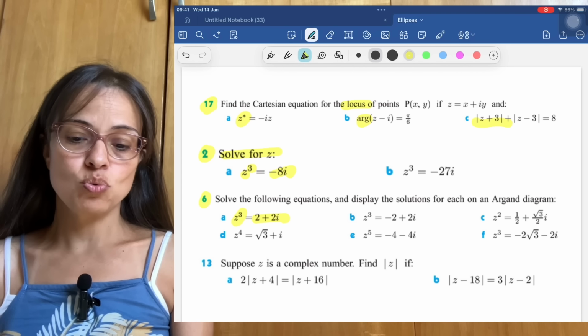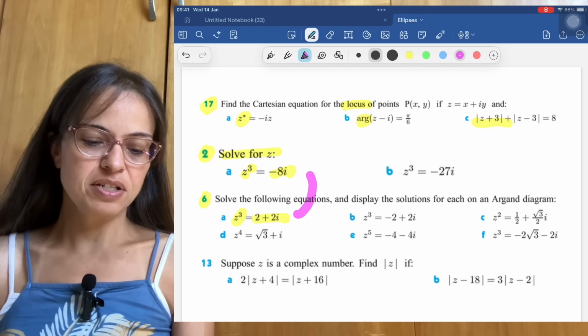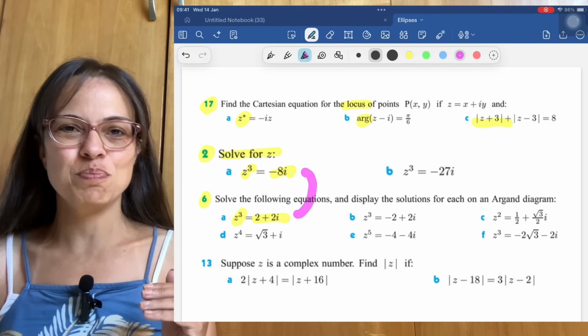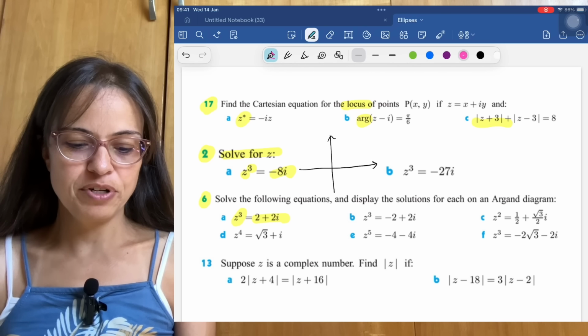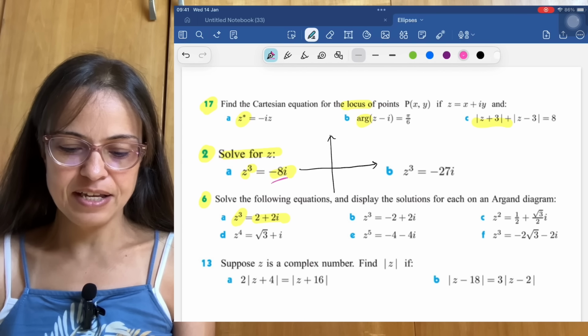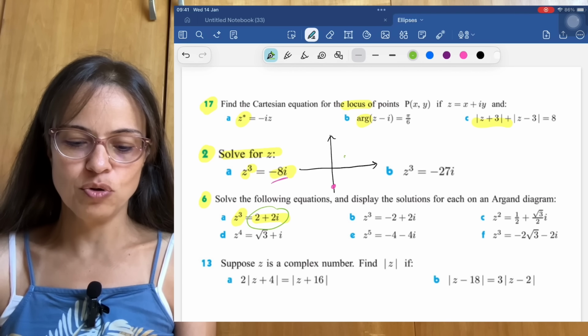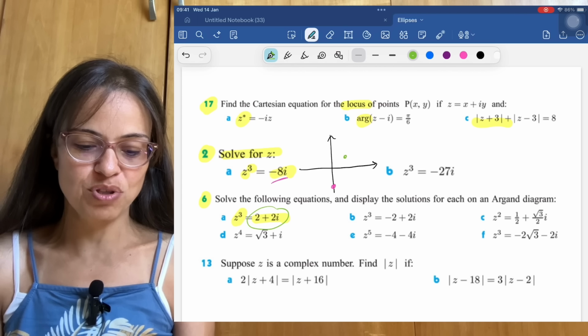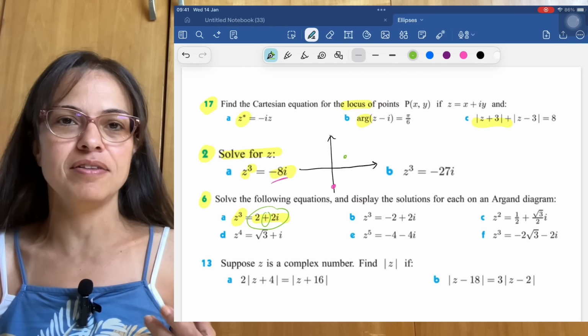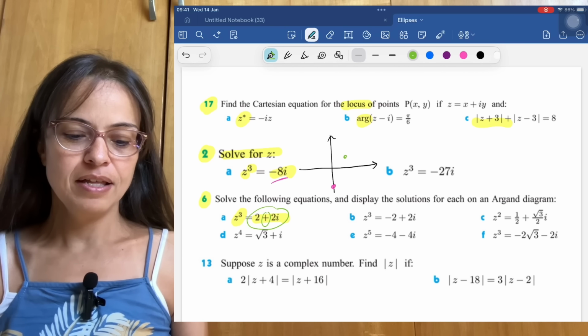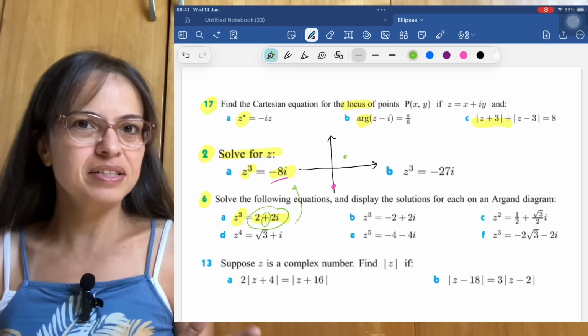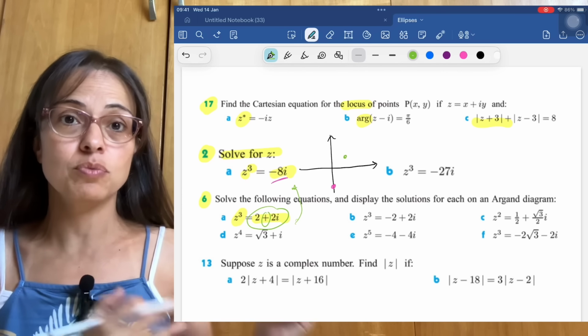I know that this one looks a little bit more complicated than the previous one, but it's just because of where that number is in the plane. Like minus 8i is here, and 2 plus 2i is somewhere over here. So it needs to be expressed with a plus, which makes it look like the equation has one more element than the previous equation, but it doesn't really. It's just z to the power of 3 equals a number.